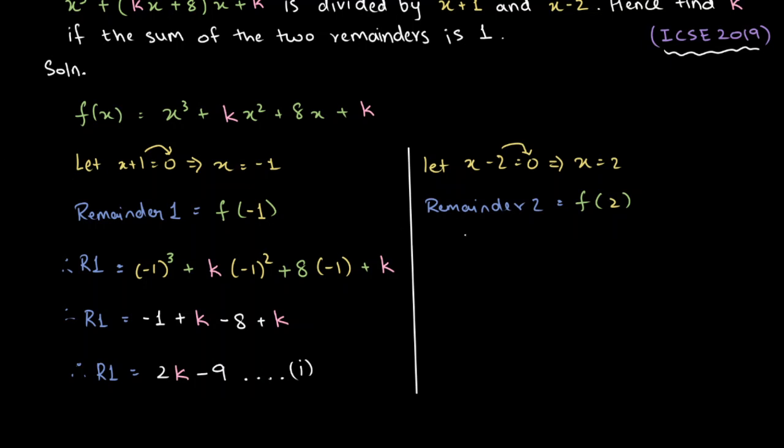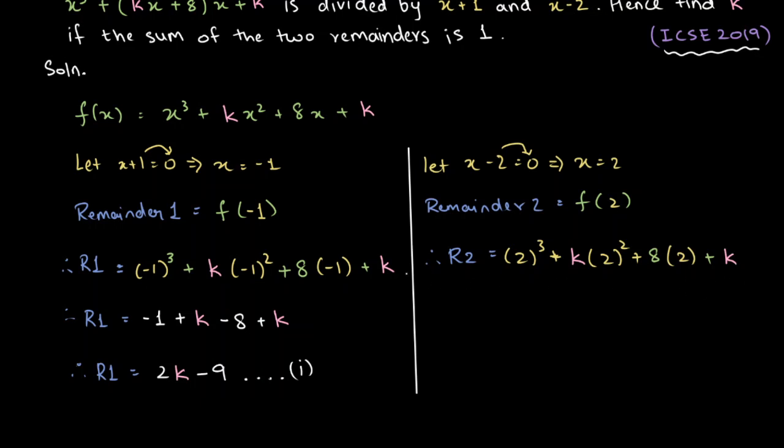I can say r2, the remainder 2, right, is equal to 2 cube plus k into 2 square plus 8 times 2 plus k.